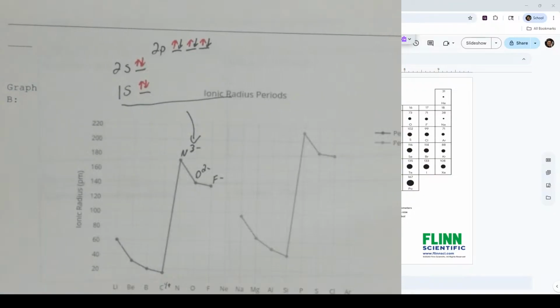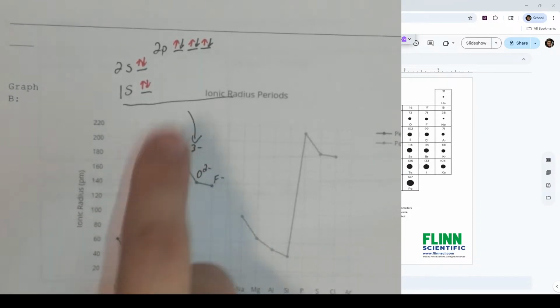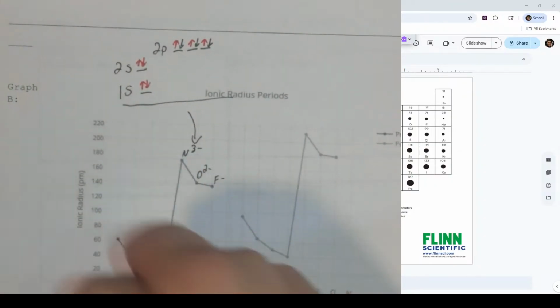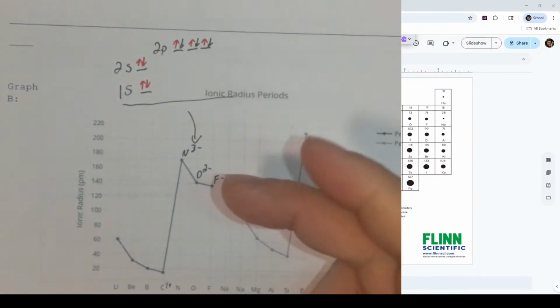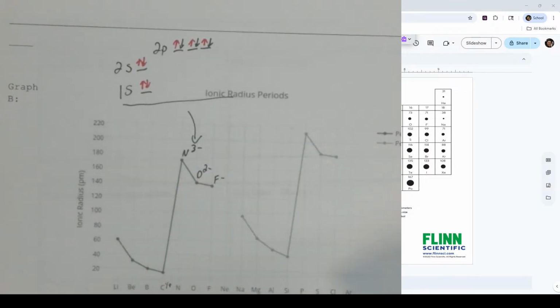Nitrogen has to add 3 more electrons in those p orbitals, and it only has 7 protons. It only has 7 protons, which means with 7 protons, it's trying to keep in 8 electrons in its outer shell, which it can do, but it's struggling a lot more than oxygen and fluorine, which have 1 and 2 more protons in their nuclei.